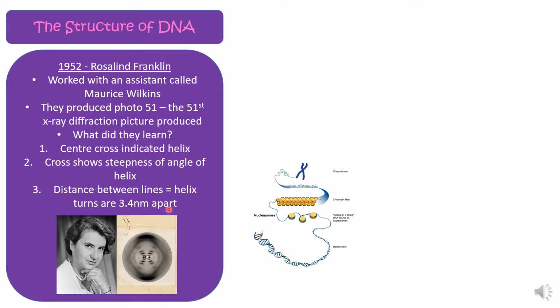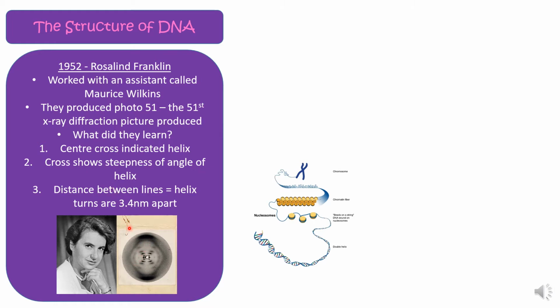I'm going to be completely honest, I don't really understand how they made these assumptions from the photo. They're obviously way cleverer than me, but this is photo 51, and it was produced using X-ray diffraction. Again, I don't know a lot about that. It's called photo 51 because it was the 51st X-ray diffraction picture that they produced. From this picture, what they learned was that this center cross indicated that the DNA was a helix.